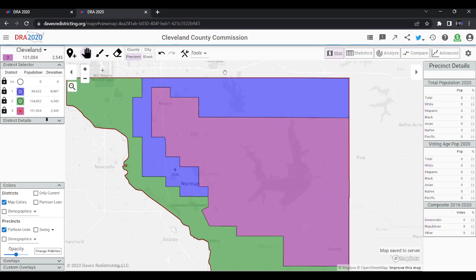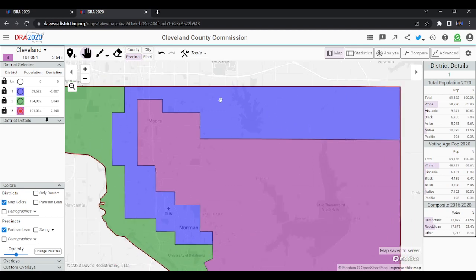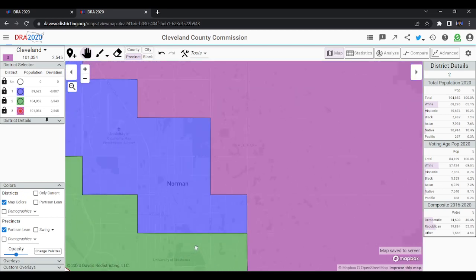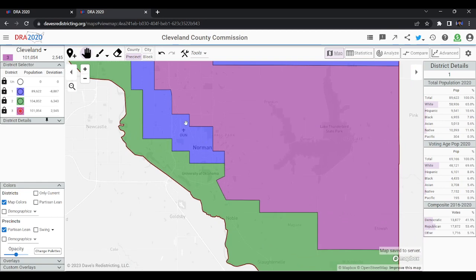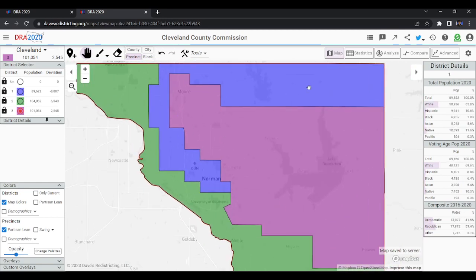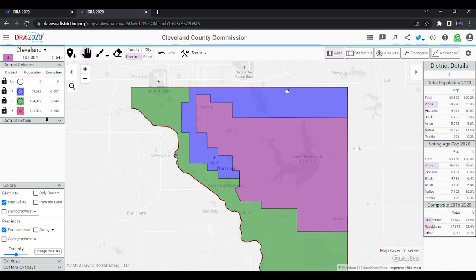Then in this blue district, we see, again, rural Cleveland County, but then it snakes around the purple district, goes through Moore, Oklahoma City, and then down into downtown Norman, which is, in my opinion, quite strange because, well, downtown Norman and rural northeastern Cleveland County are quite different areas.